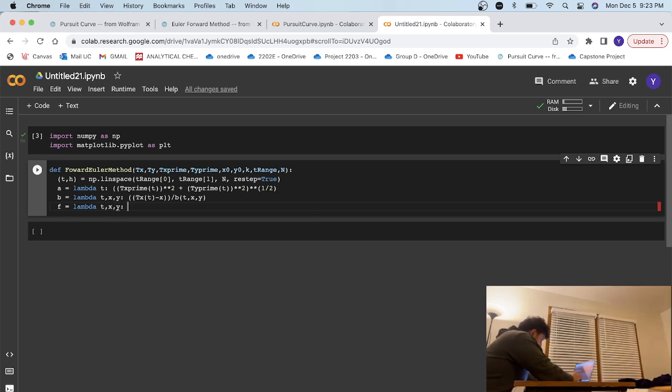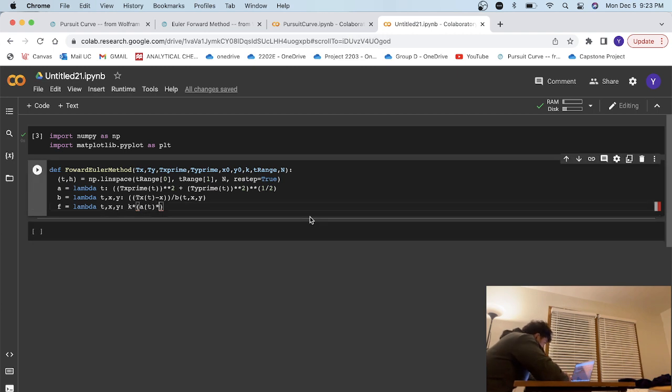So what we're going to be doing is using the proportionality constant. We're going to multiply that by a(t). The one thing you can mess up in this code is the parentheses, and we don't want to mess that up.